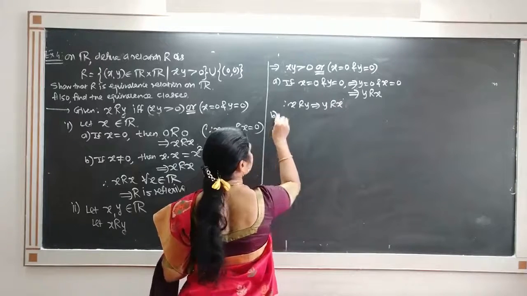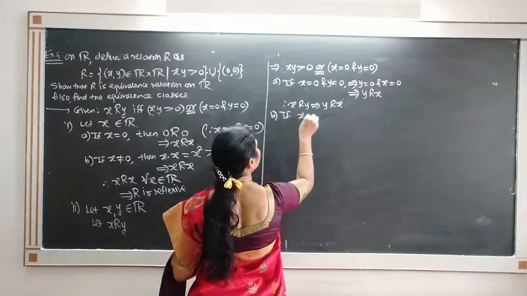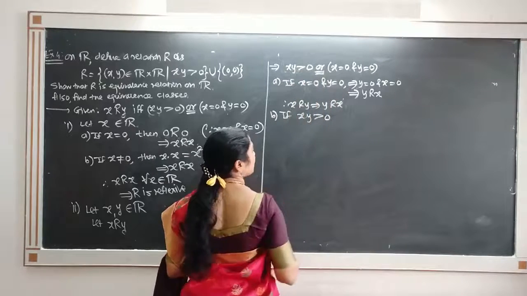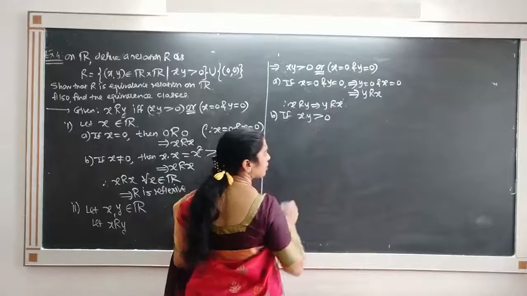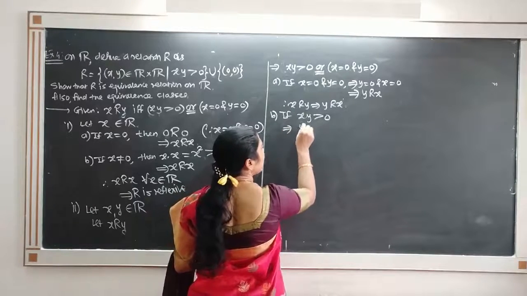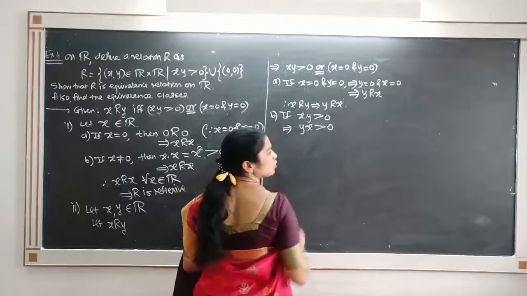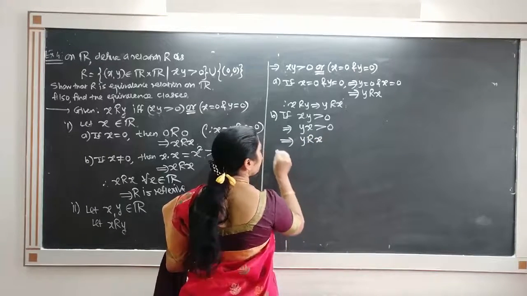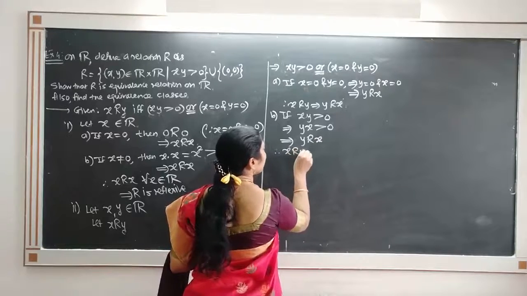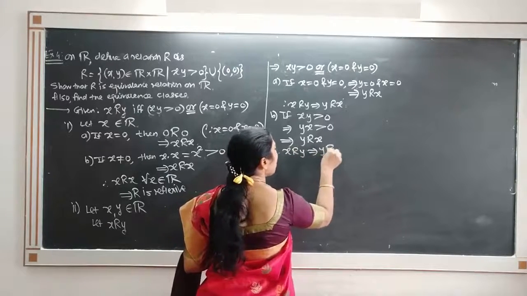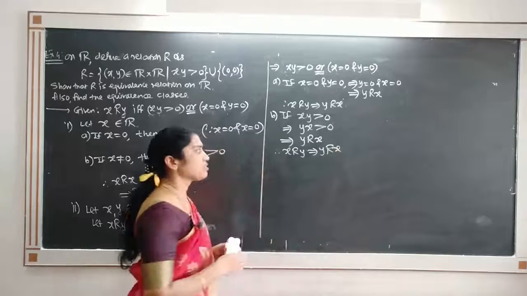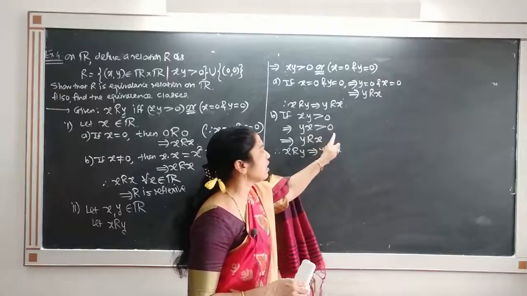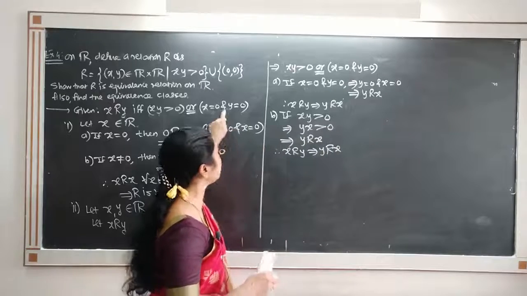In the second case, if xy is greater than 0, either this condition is satisfied or this condition is satisfied. If xy is greater than 0, then what does this imply? Then yx is also greater than 0. This means that y is related with x. Therefore, x is related with y also implies that y is related with x, because y is related with x if and only if yx is greater than 0 or this condition is satisfied.